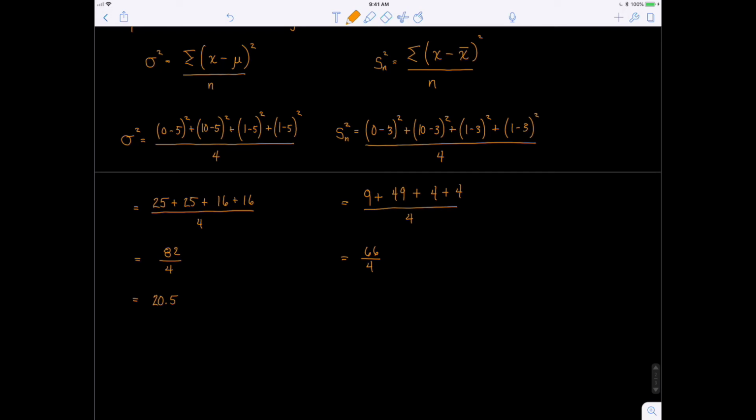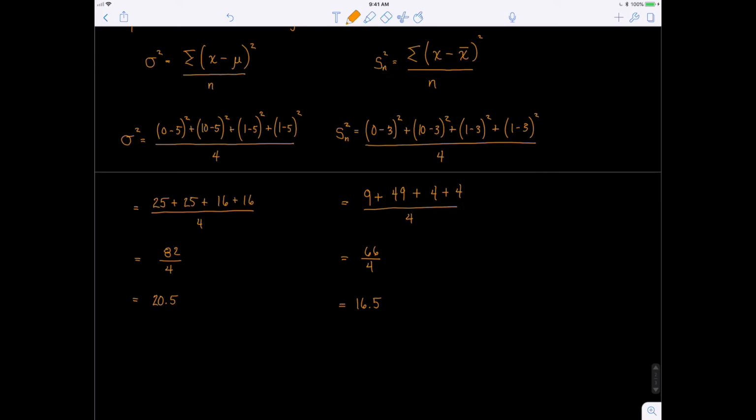That's 58 plus, yeah, 66. 66 divided by 4. And then we're going to divide that by the number of data, and so this becomes 16.5. So here's what is significant about that.